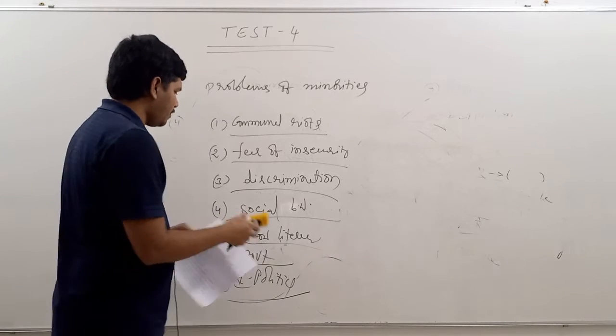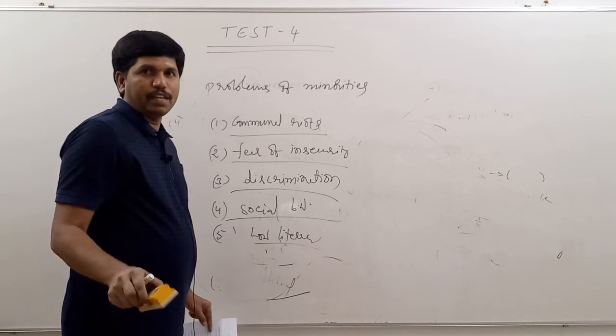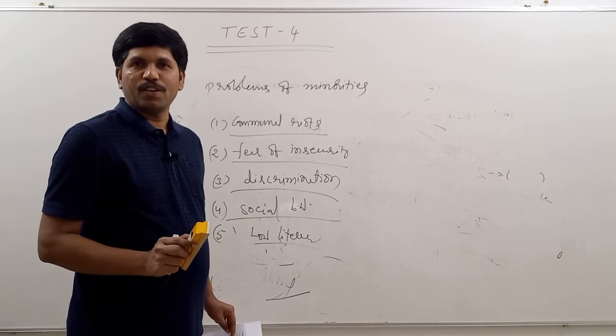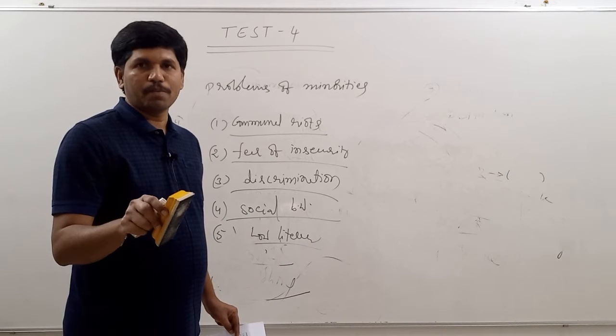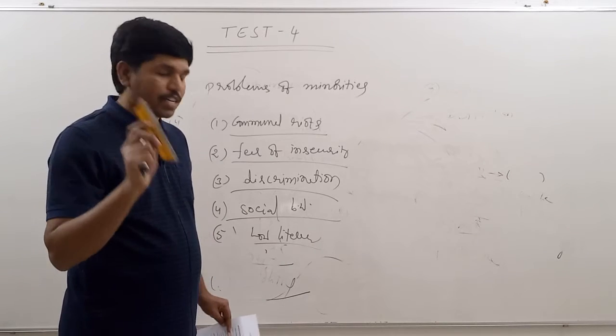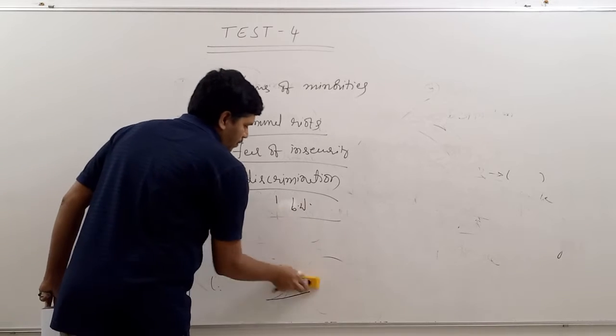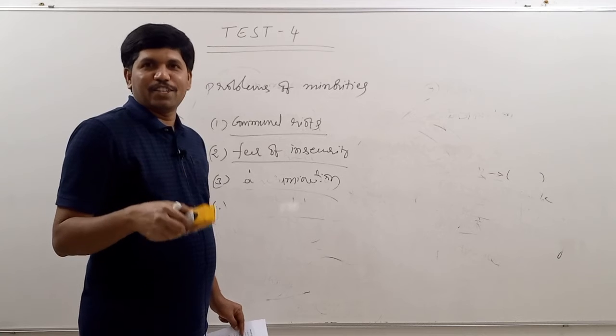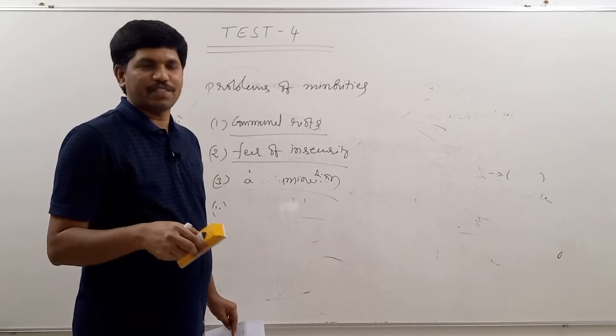If there are any government reports on the minorities, go through these aspects. What is their social position, economic position, political position? These are important, along with educational position. Social position means sex ratio, all those things.